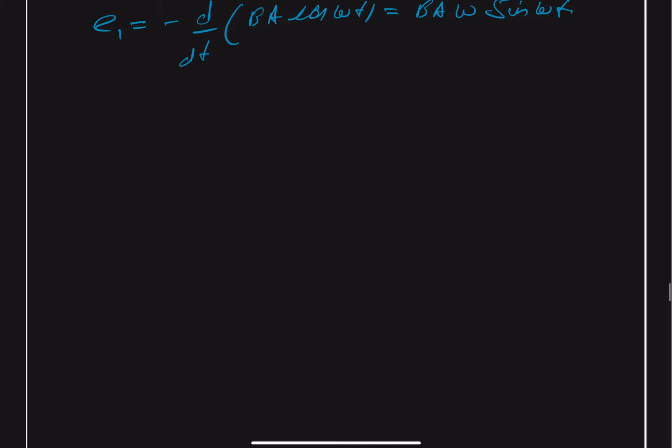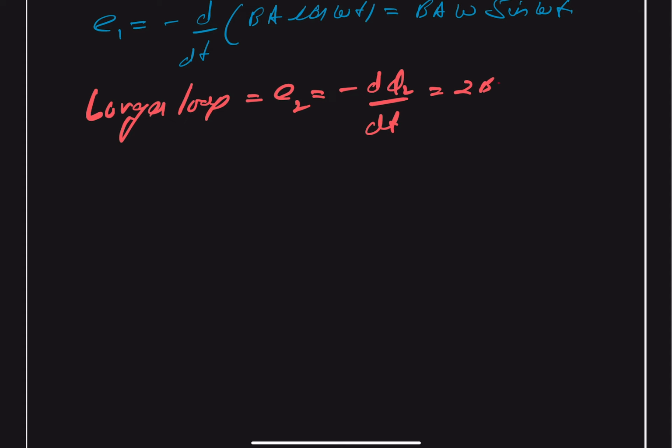And for the larger loop, E2 is equal to minus d phi 2 by dt, and this comes as 2BA omega sine of omega t.